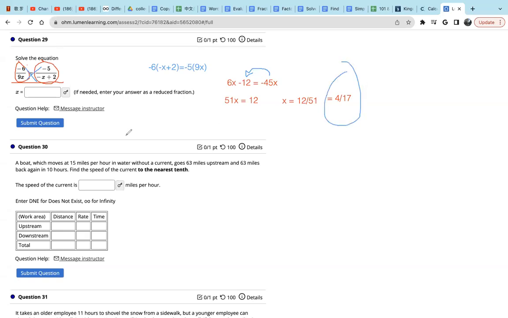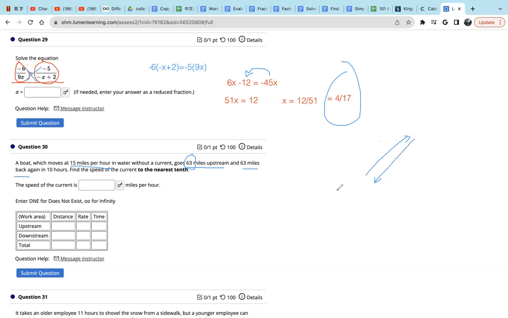Okay. Let's see 30. A boat which moves at 15 miles per hour in water without a current goes 63 miles upstream and 63 miles back. So going 63, coming back 63.